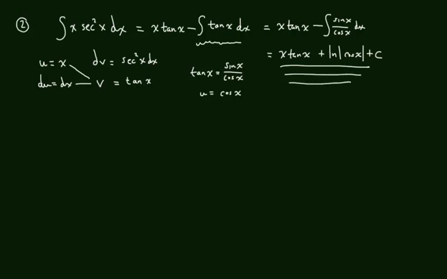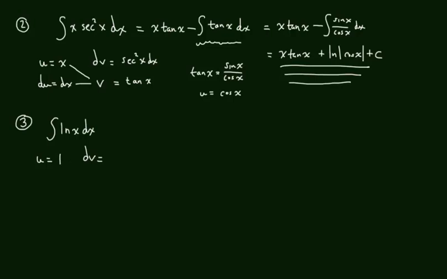Yay, integration by parts. Next, let's take a look at example 3, which is right below number 2 in the notes packet. Here we have the antiderivative or integral of the natural log of x dx. We don't have a lot of choices here. I'm telling you to use integration by parts, so you know you need a u and a dv. The one thing you don't want to do, don't ever let u equal 1.